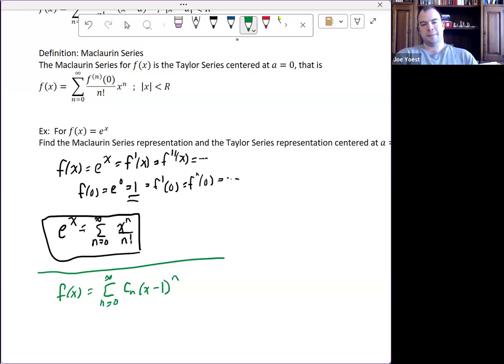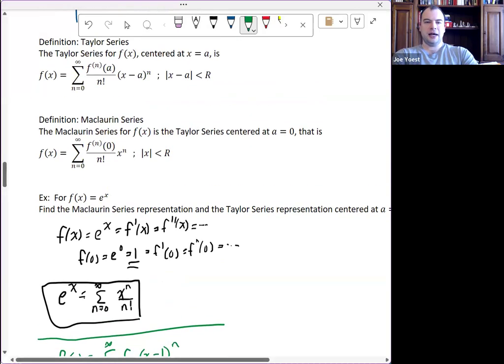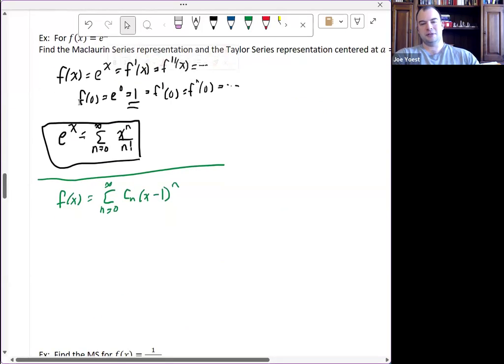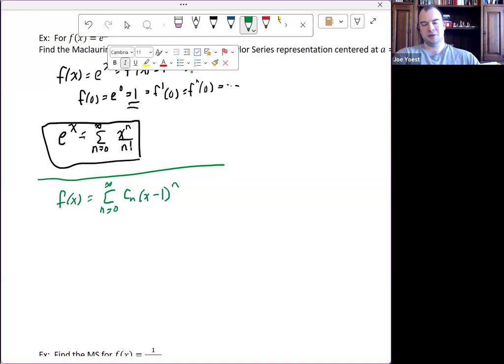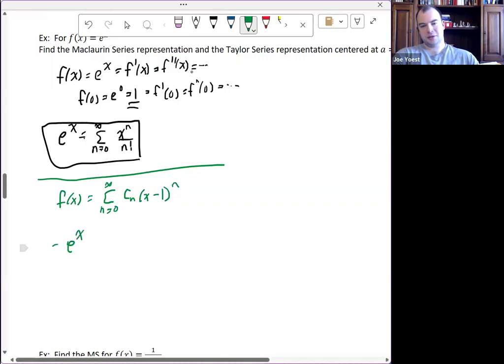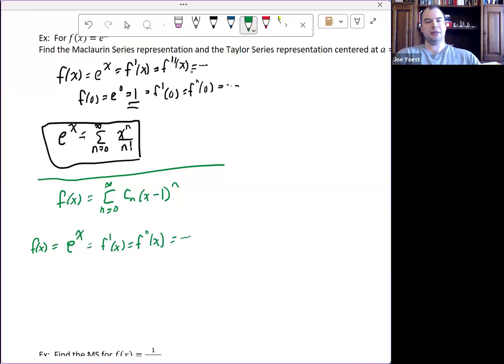I have a different center. I have a similar setup though, right? I just take the nth derivative at a over n factorial for my coefficients. F of x is still e to the x. So its derivative, second derivative, etc., are all still e to the x.